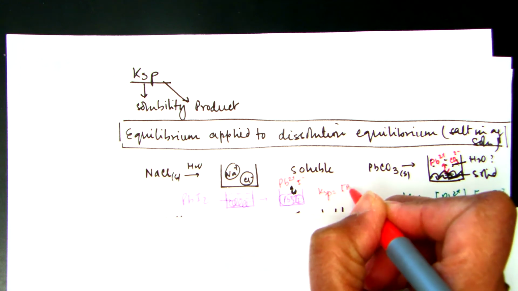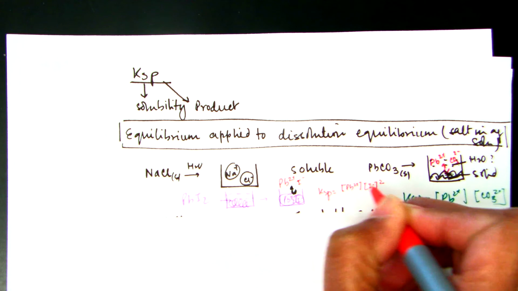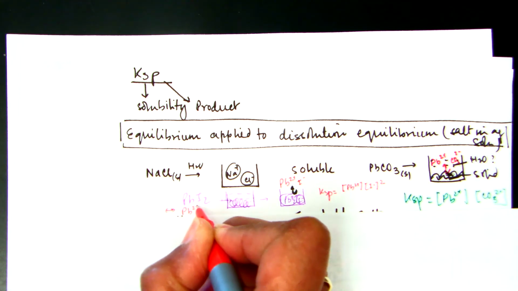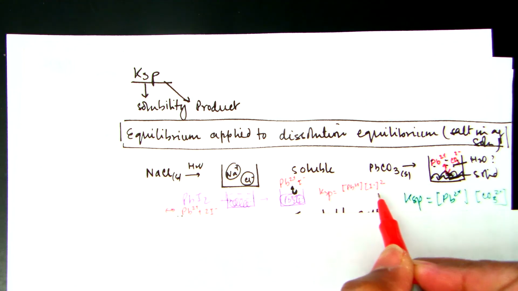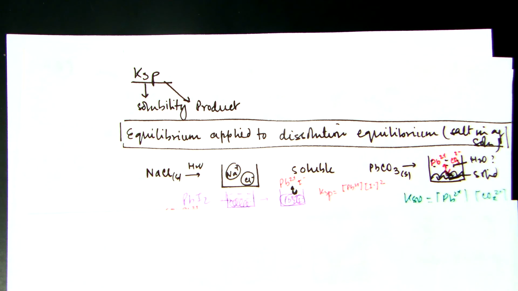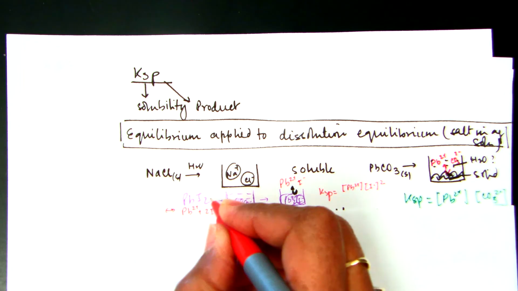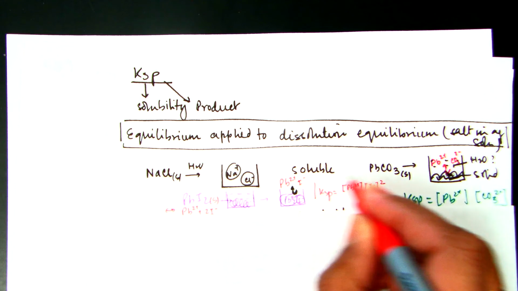Remember, because PbI2 will set up an equilibrium with Pb2+ and 2I-. Because of this coefficient of 2, we square the I- concentration, and ideally it is divided by PbI2, but because PbI2 is a solid, we do not include it in the equilibrium expression. So the Ksp expression for a sparingly soluble salt looks like this.